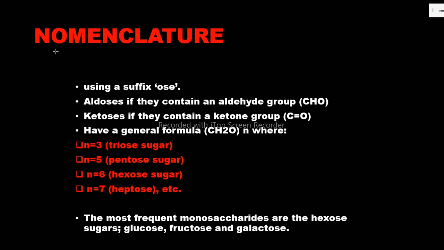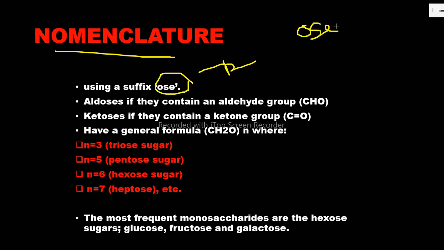So let's talk about the nomenclature. Now we name these monosaccharides, even some disaccharides, by adding the suffix OSE on the stem name.